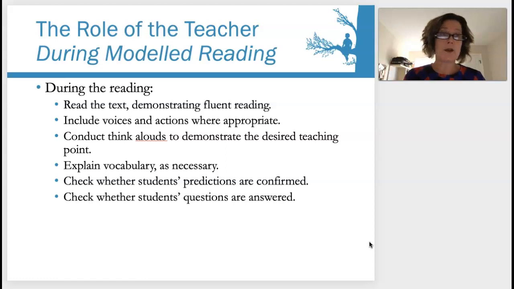I've never seen this word before, but I know some strategies. Explain vocab if it's necessary as you go through. You check whether students' predictions are confirmed, and you check whether students' questions are answered. Sometimes during modeled reading, you'll want to just read the book through once so they get the whole idea, and then you can go back through and talk about vocab and all those kinds of things.